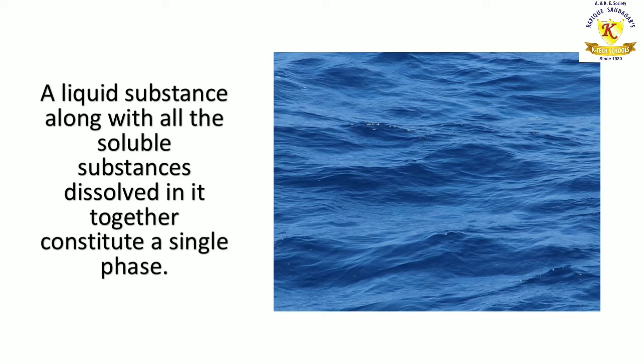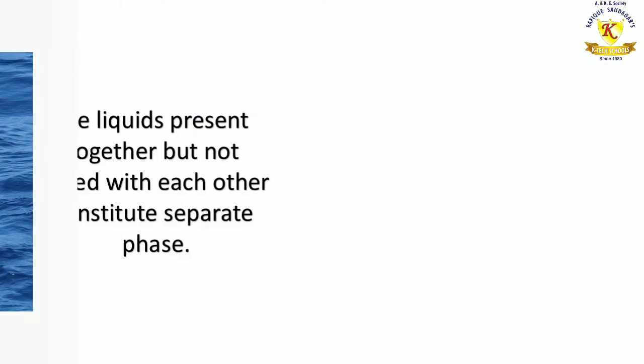Here we have the example of seawater. In seawater, as it is in liquid state, many other soluble substances are also dissolved in it and they form a single phase, means a uniform composition.